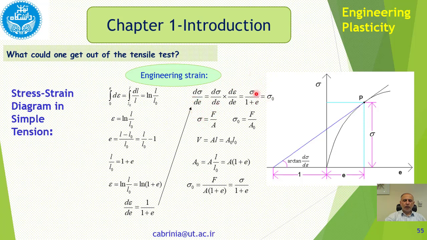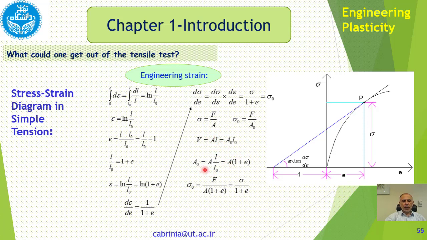So we obtain this kind of relationships, and then we know that sigma is equal to F over A, and sigma 0 is F over A0, and volume constancy means that at every stage of the tensile test, the volume must remain constant. So at the beginning of the test we have this volume, and at some point in the test we have this volume, which are equal.